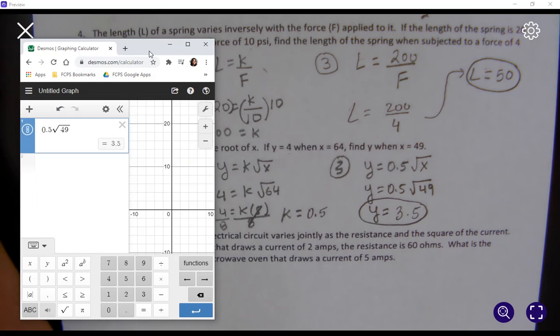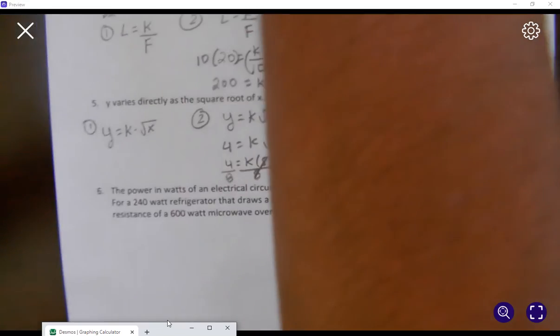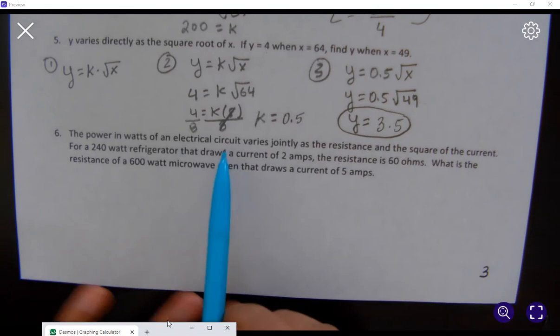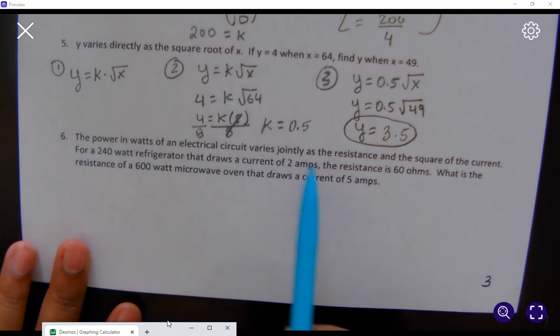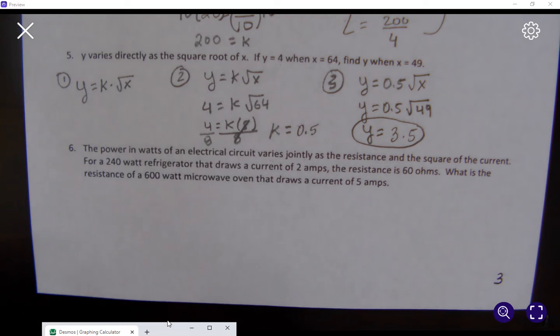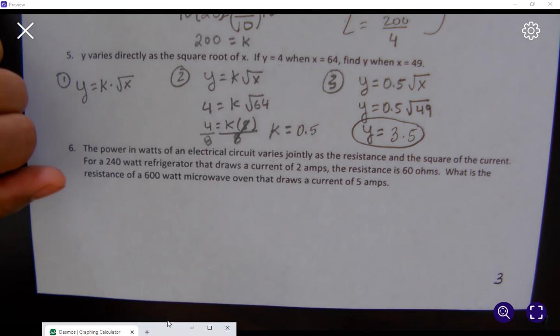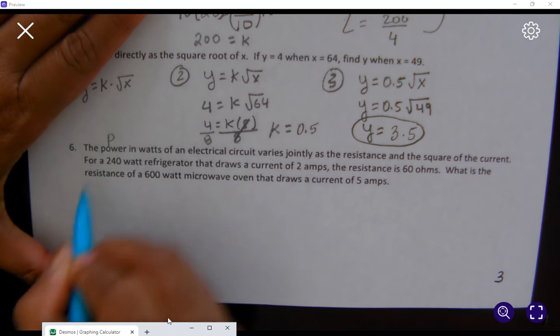Alright, last question here for my example. So you have here the power in watts of an electrical circuit varies jointly. So the power, I'm just going to use P for power.